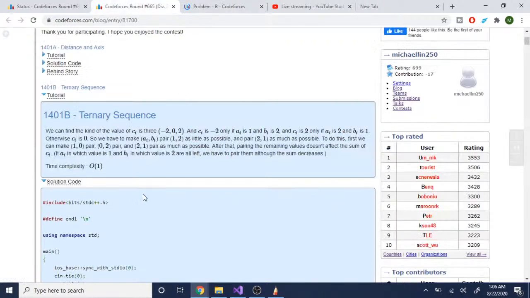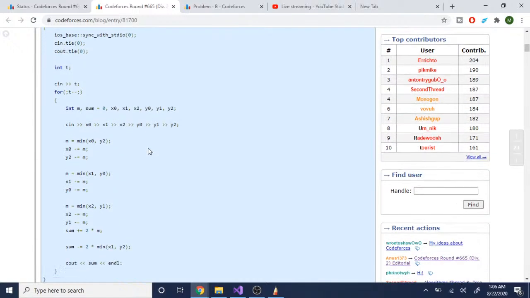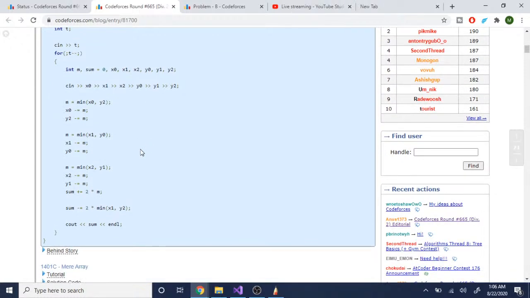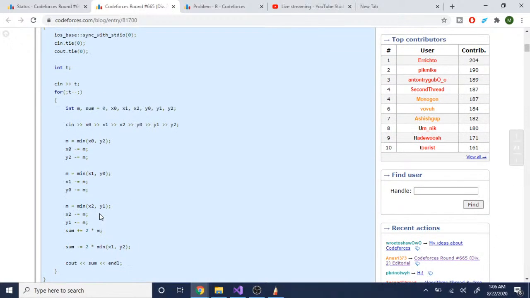All right, let's look at one of their codes. So they're not even adding. Oh my gosh.